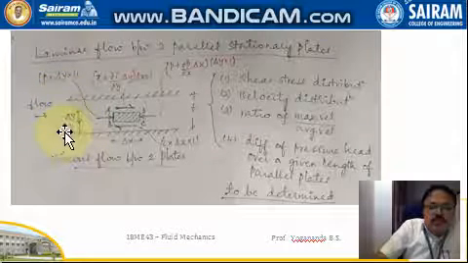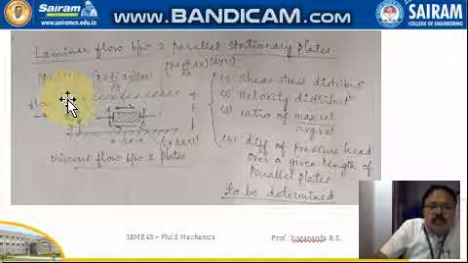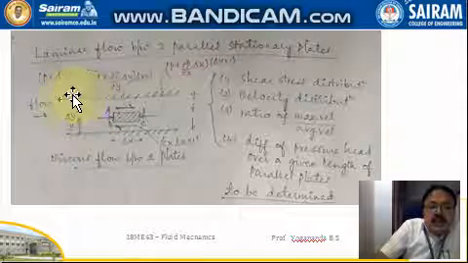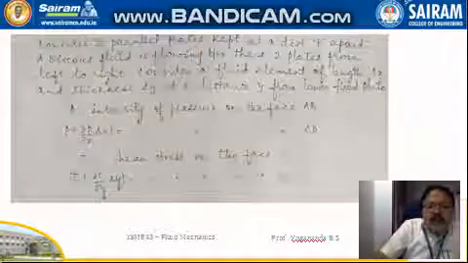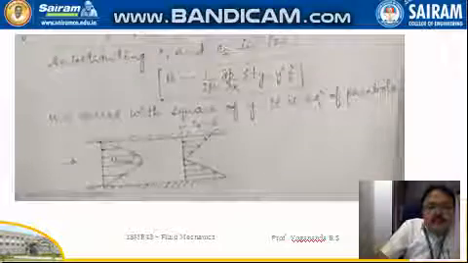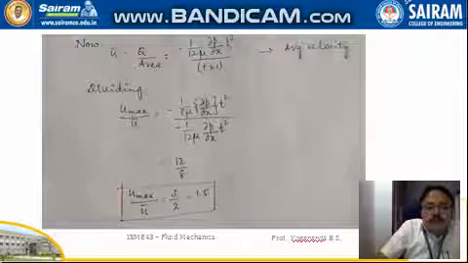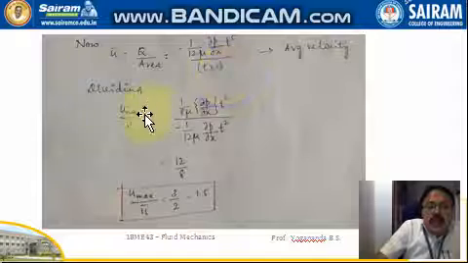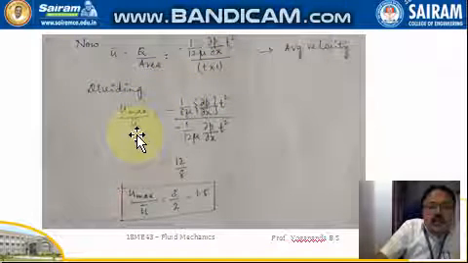This distance is t, and the plates run for a length of 1 unit, which is why we take the area as t into 1.